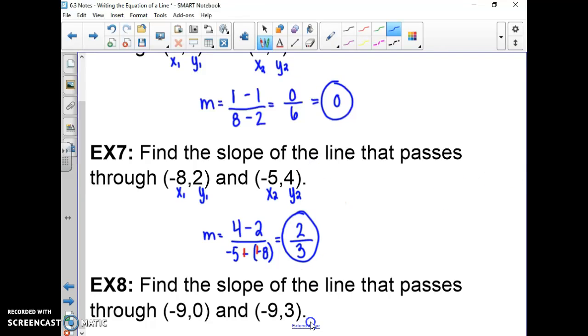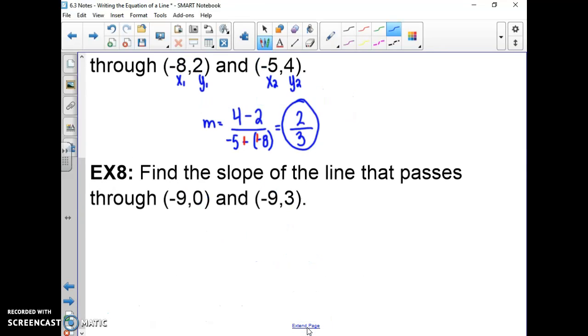And finally, if we look at number 8 here, we would let this be x1, y1, x2, y2. We would say that our slope equals 3 minus 0, that's y2 minus y1, over negative 9 minus negative 9.